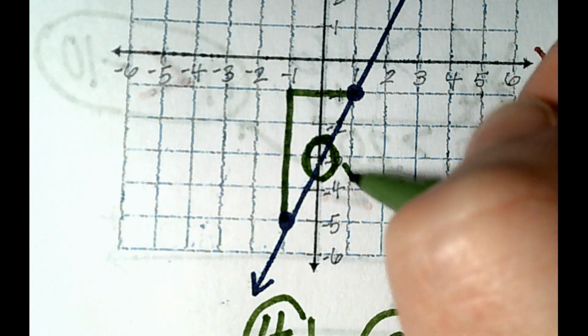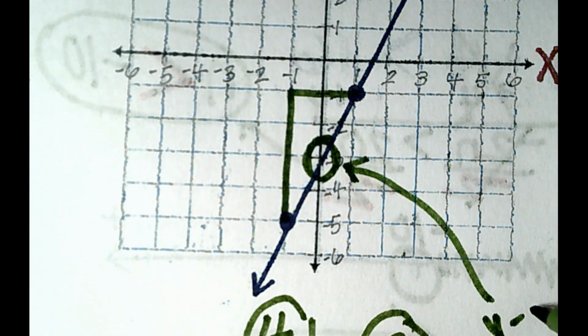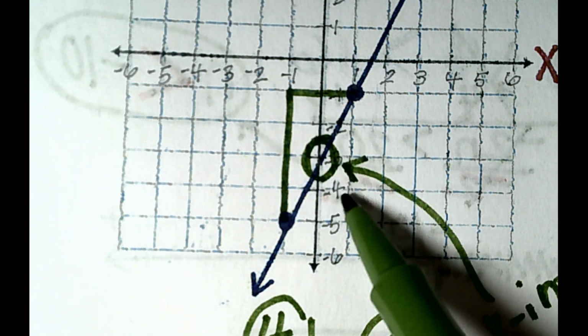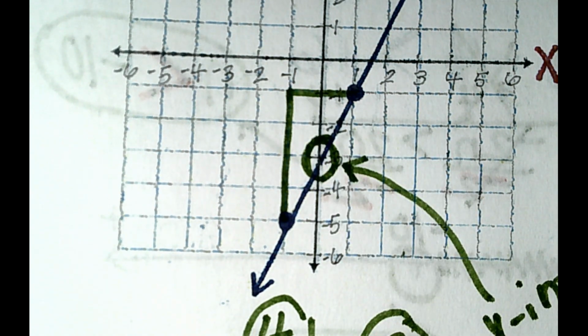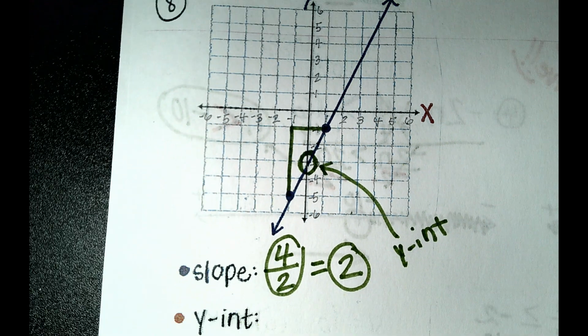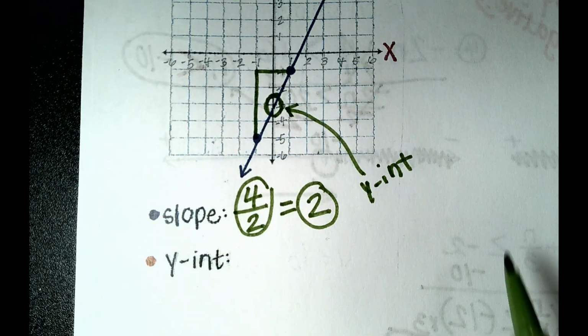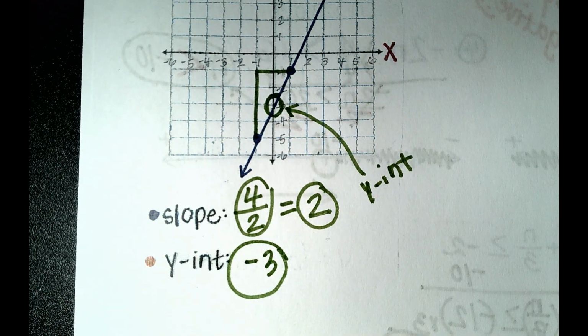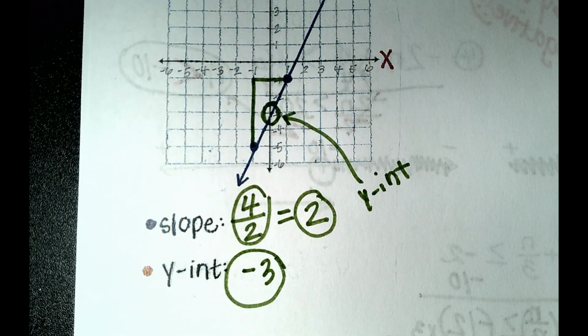So the y-intercept is just wherever that crosses it, and it crosses at -3. So let me zoom back out. Our y-intercept will just be -3.